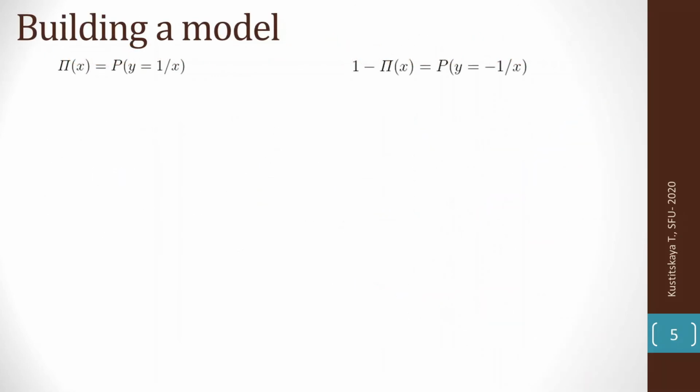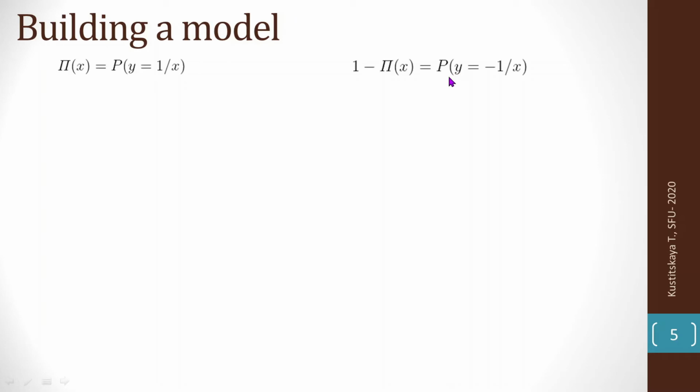So we decided to classify objects using probability. Denote P of x, a conditional probability for the object x to be in the positive class. Then 1 minus P of x will be a conditional probability of belonging to the negative class.